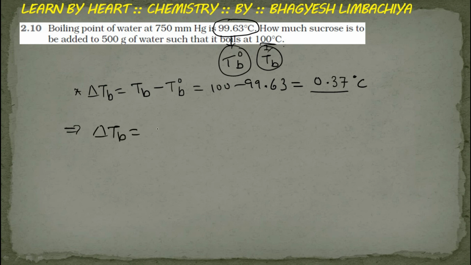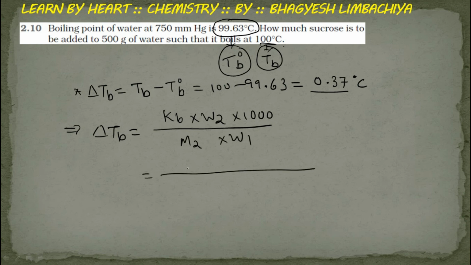And a simple formula is applied. Elevation in boiling point equals Kb W2 1000 divided by M2 into W1. Kb is 0.52. Here Kb is not given to you. 0.52 Kelvin kilogram per mole.